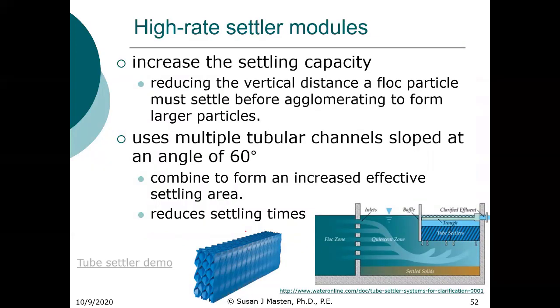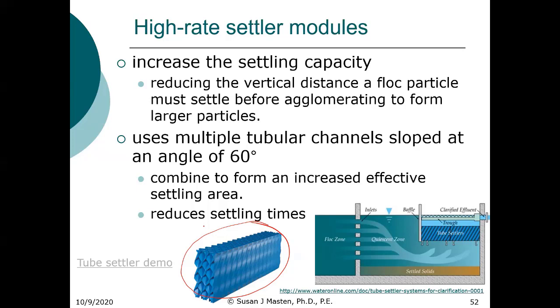So the way this works, back to the high rate settler, is that a high rate settler looks like this. It's multiple tubular channels sloped at an angle of 60 degrees.